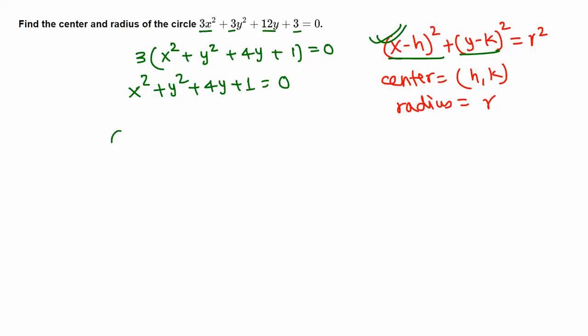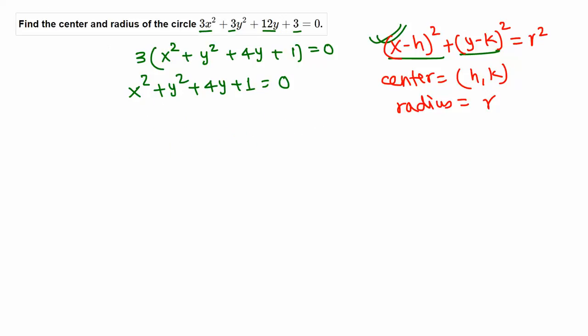This should be something x minus something squared plus y minus something squared equals some number squared, and this (h, k), that's the center, r is the radius. So x squared, we have only one place. So this is x squared, same as x minus 0 squared.